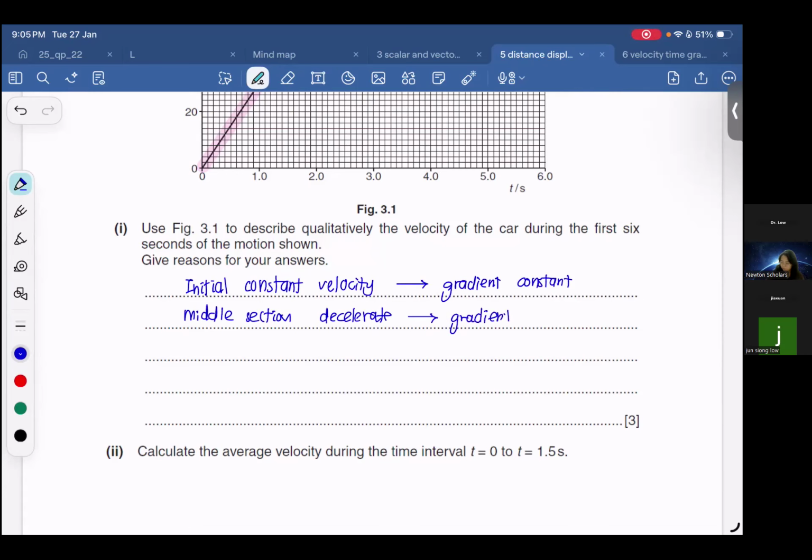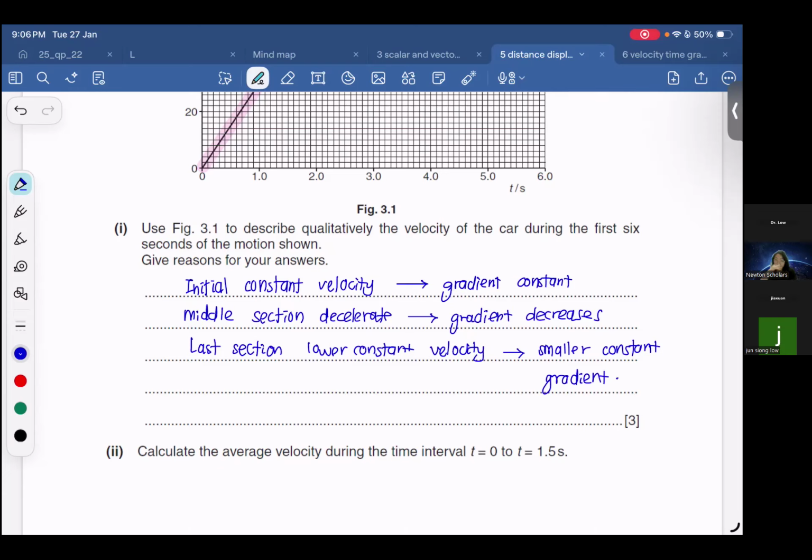How? And then tell me, calculate. Let me have a look, Jiaxuan.